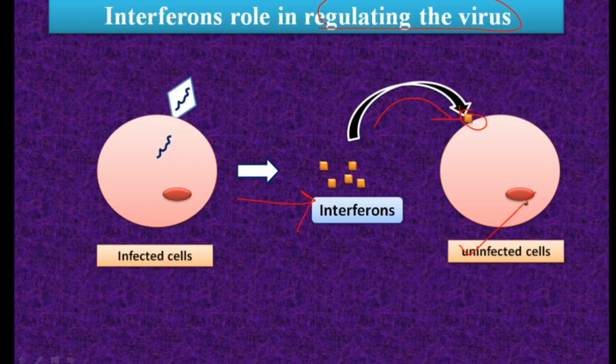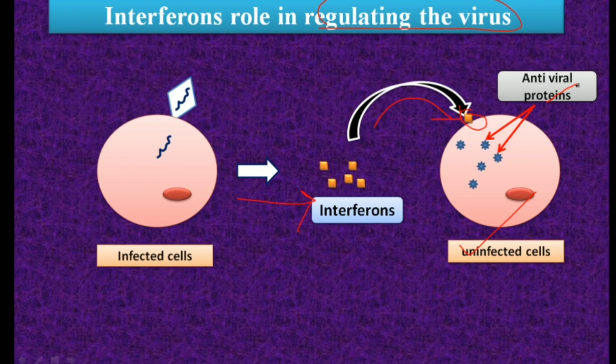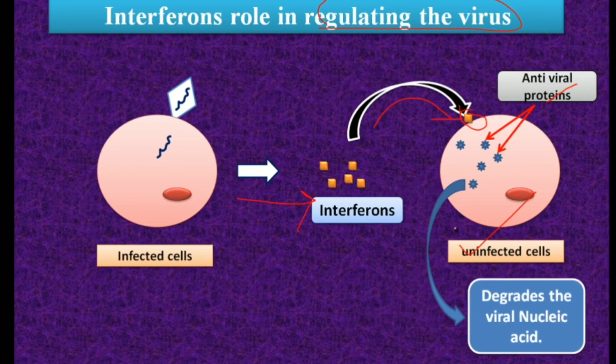So uninfected cells now produce antiviral proteins, right? When the virus now comes to infect the uninfected cells, the antiviral proteins of the cell degrade the viral nucleic acid and inhibit protein synthesis. Thus, it prevents the spread of viral infections, right?